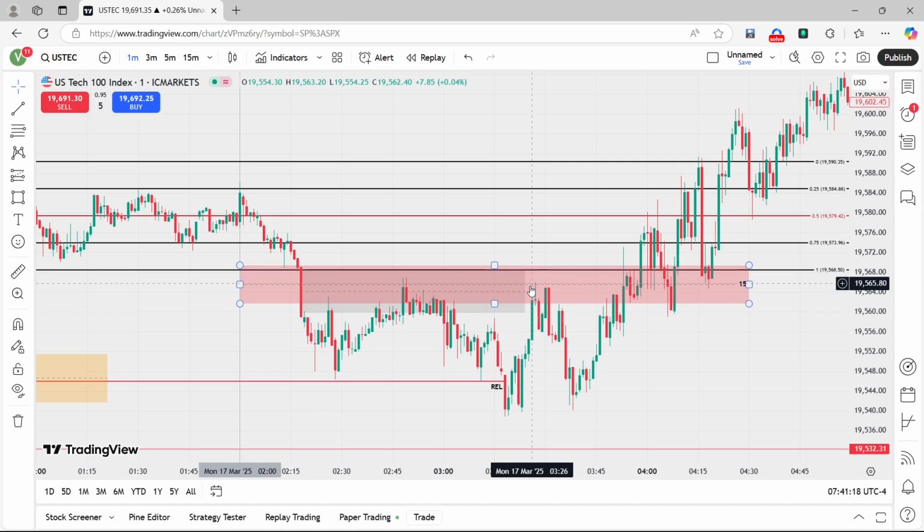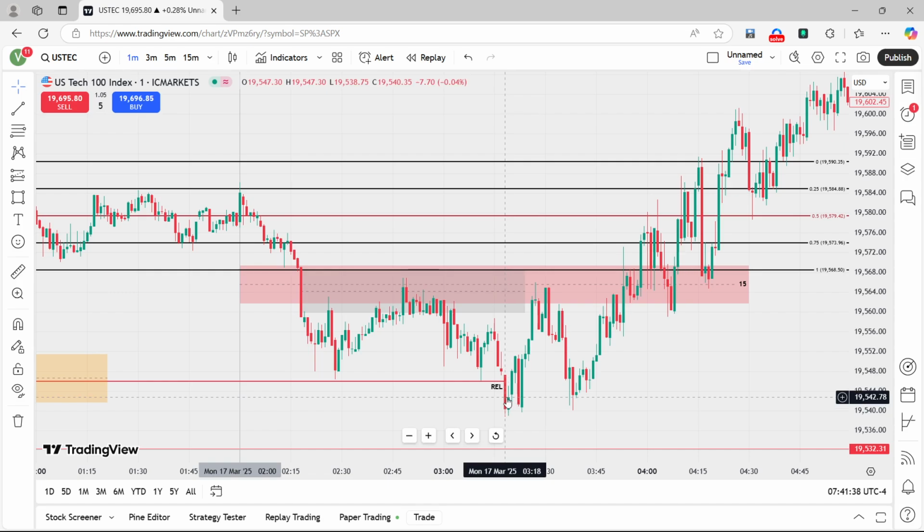The consequent encroachment, fell to get again, but traded here and failed to get and kissed the low of this 15-minute, traded down just to get this.